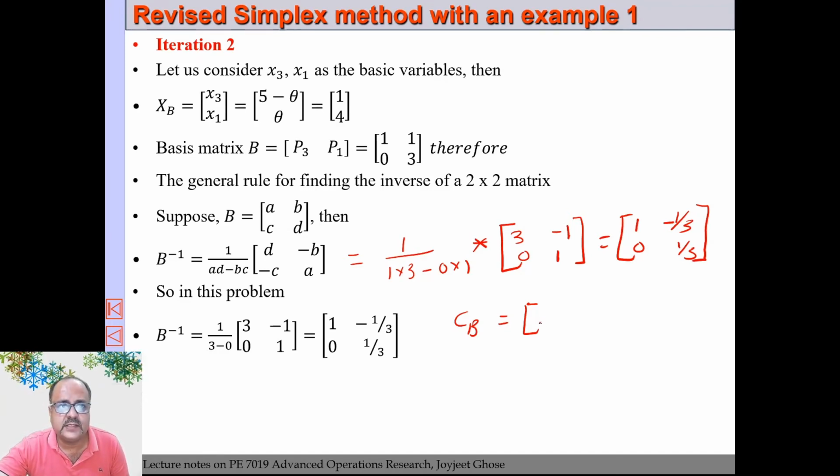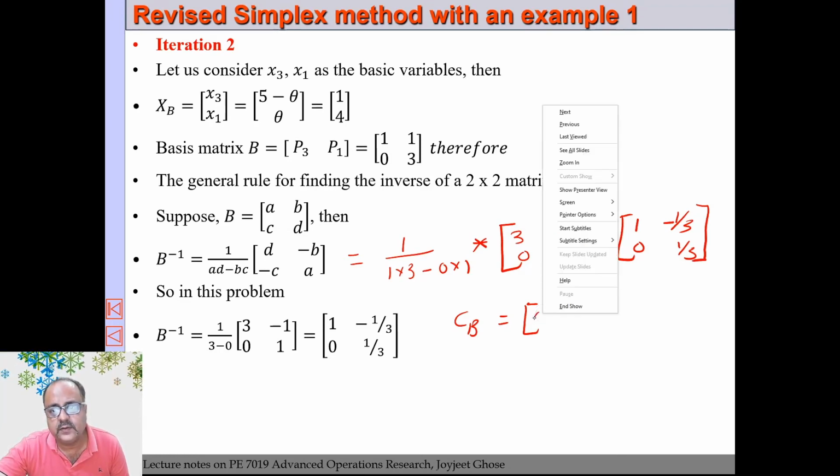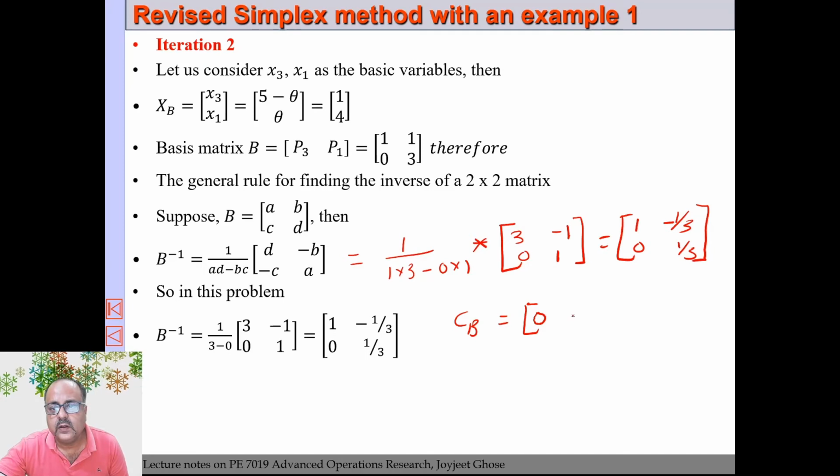Now what are my basic variables here? x3 and x1. So the coefficient of x3 in the objective function is 0 and the coefficient of x1 in the objective function is 6. So CB has to be 0, 6.